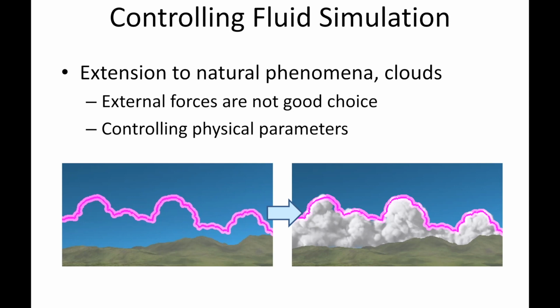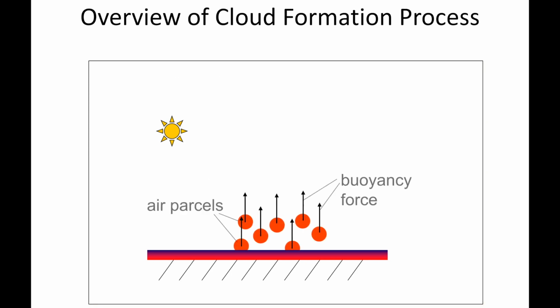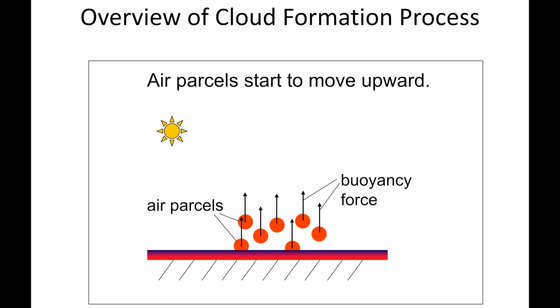Let me talk about some of the details of this method. Firstly, I would like to give an overview of the cloud formation process in the real world using this slide. When there are no clouds in the sky, the ground is heated by the sun. Then the air near the ground starts to move upward due to thermal buoyancy force.